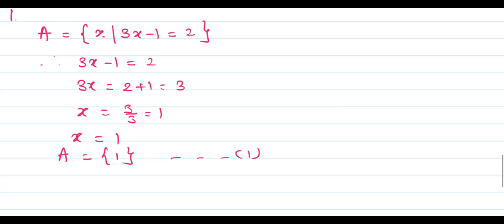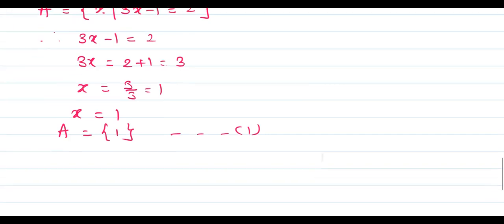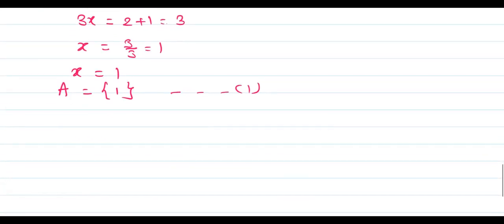Next, B is equal to {x such that x is a natural number but x is neither prime nor composite}.